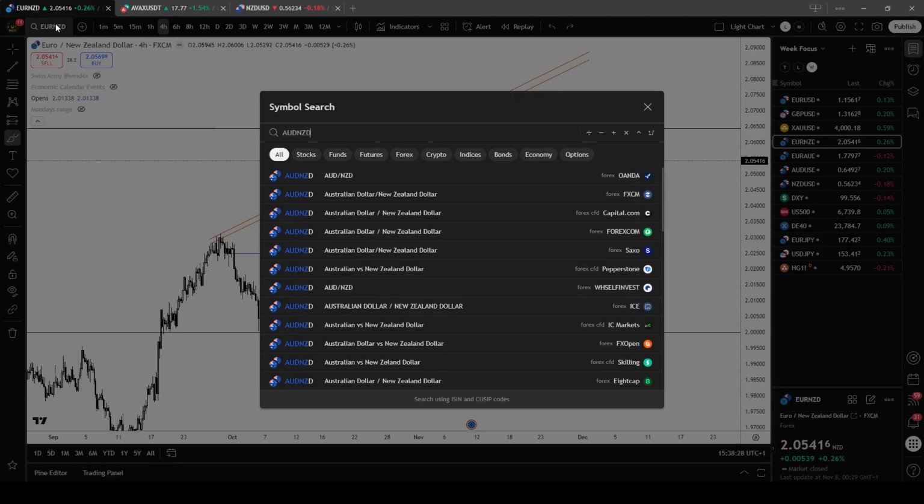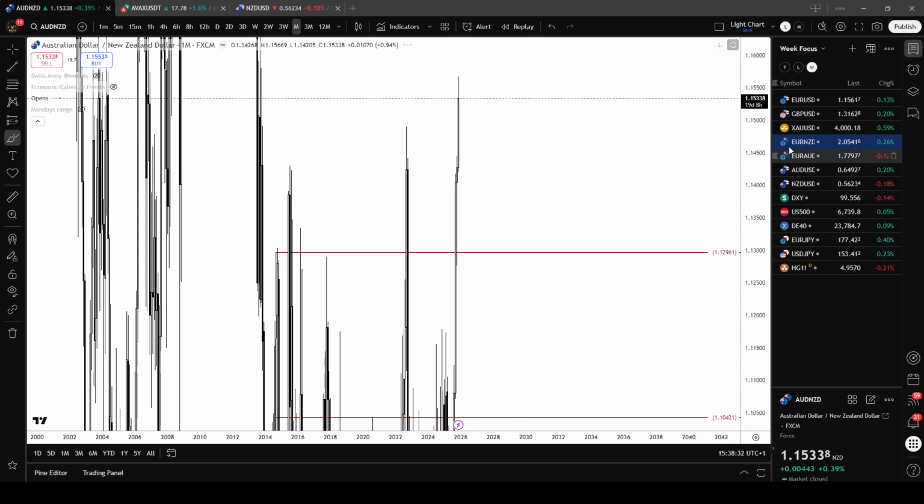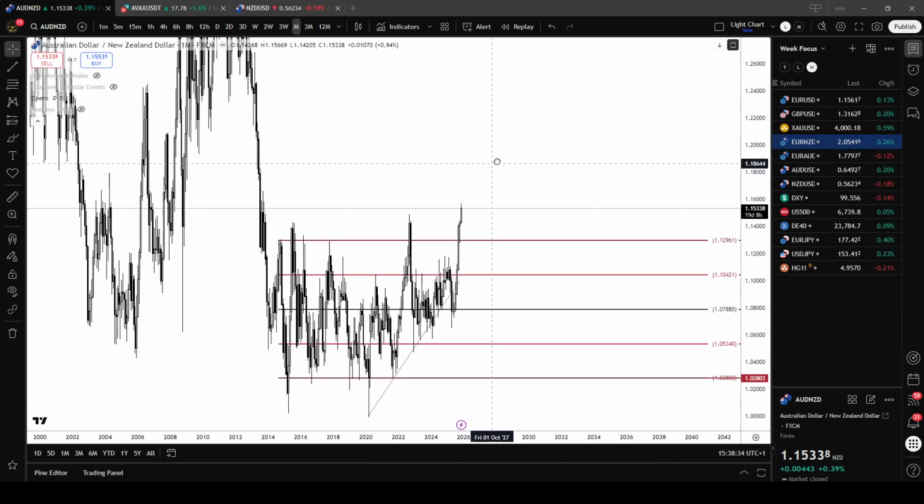Also, if we look at Euro New Zealand, it's just approaching very dangerous levels.